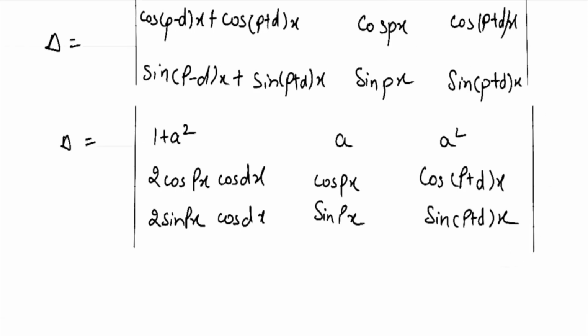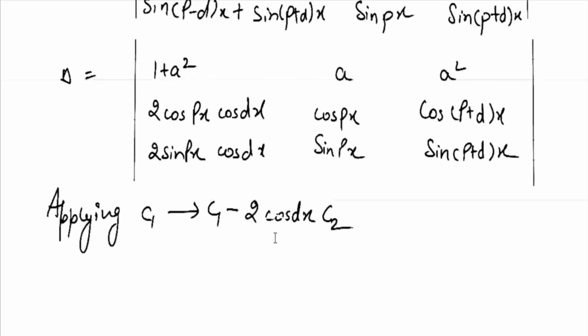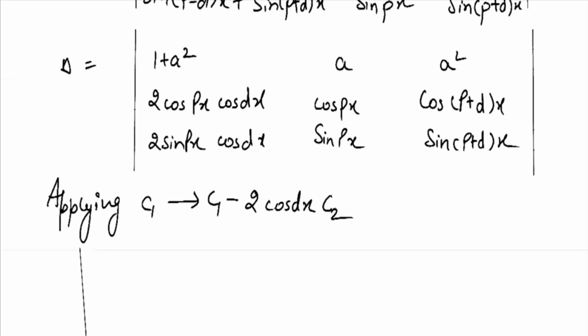Now we are going to apply, to make it easier, column first minus column second with 2 cos dx times column second.